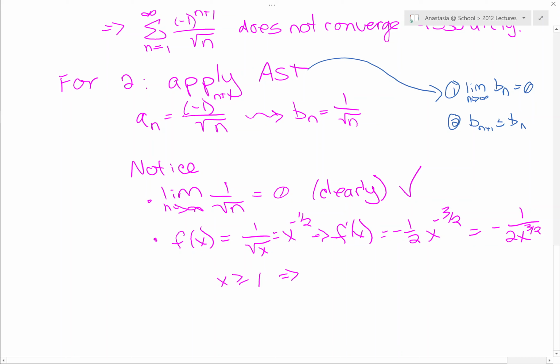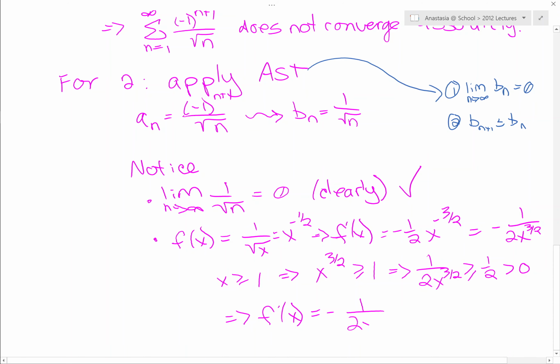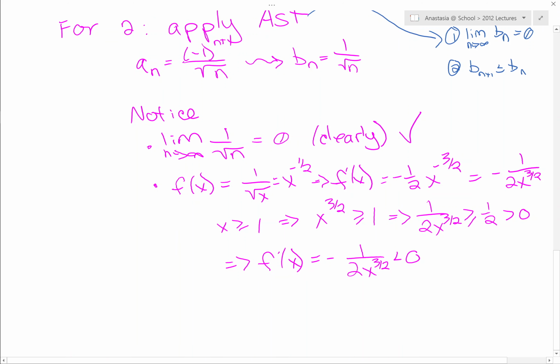This means that x to the 3/2 will always be bigger than or equal to 1, which means that 1 over 2 x to the 3/2 is always bigger than or equal to 1/2 if you really wanted to say that, but it's definitely going to be positive, which means that f prime of x, which is a negative of all of that, is definitely going to be negative, which means that the function is decreasing. But since we got this function from what our terms looked like, it means that our terms are decreasing as well.